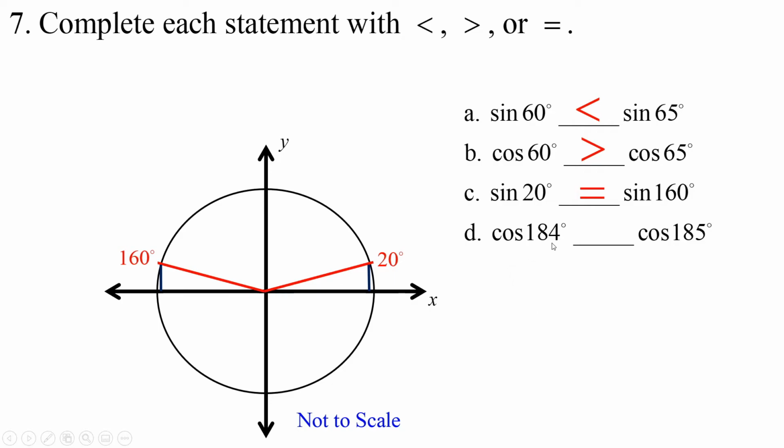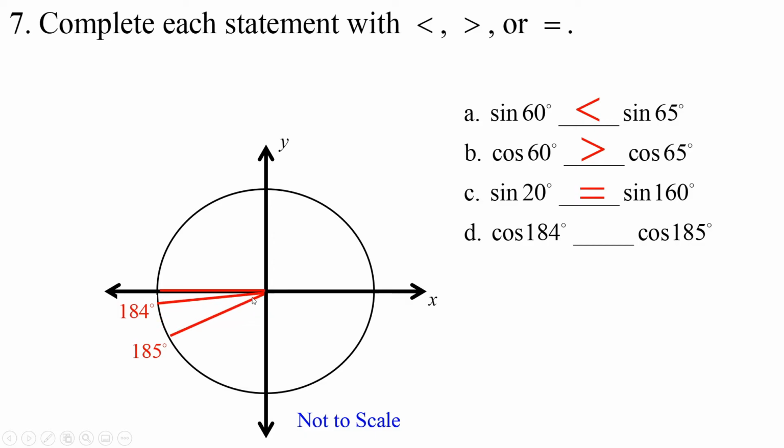Cosine of 184 degrees, how does that compare to cosine of 185 degrees? Well, 184 degrees, a little beyond 180, about right there. And again, not to scale because those are really close. All right, I'm going to exaggerate the 185. There we go. Yeah, I exaggerated that quite a bit, didn't I? But that's so you guys could clearly see. Cosine is measuring this horizontal distance, but remember that's negative right here, right?